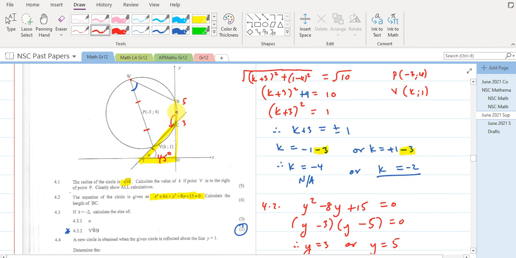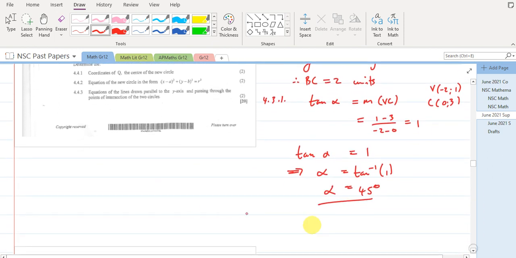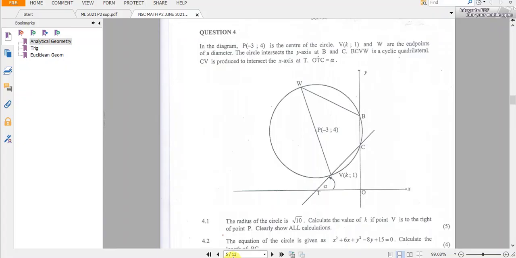This angle is an exterior angle of triangle TOC. So we can calculate angle VCB. Let's write angle VCB. Angle VCB is equal to, VCB, that's 45 degrees.